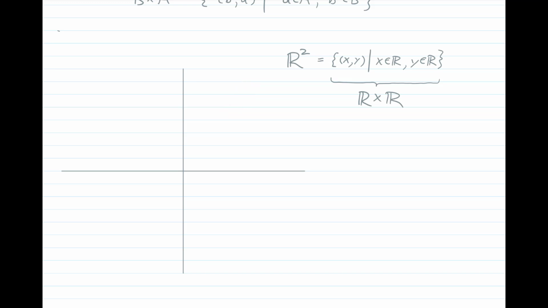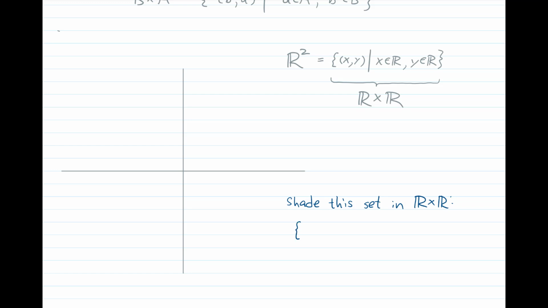Now let's do a little bit of practice with different areas inside that Cartesian product. Okay? What if I asked you this? Shade this set in the Cartesian product of R with itself, and then I'm going to give you a set.